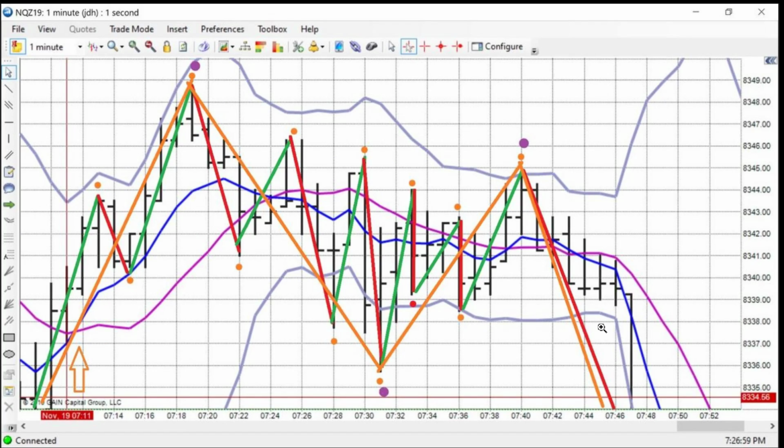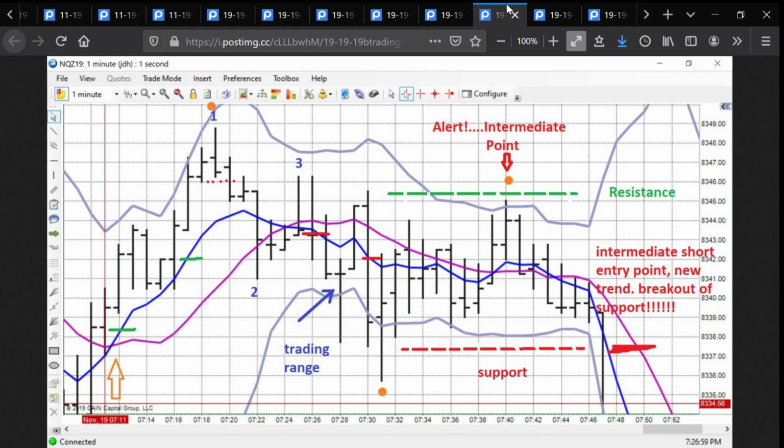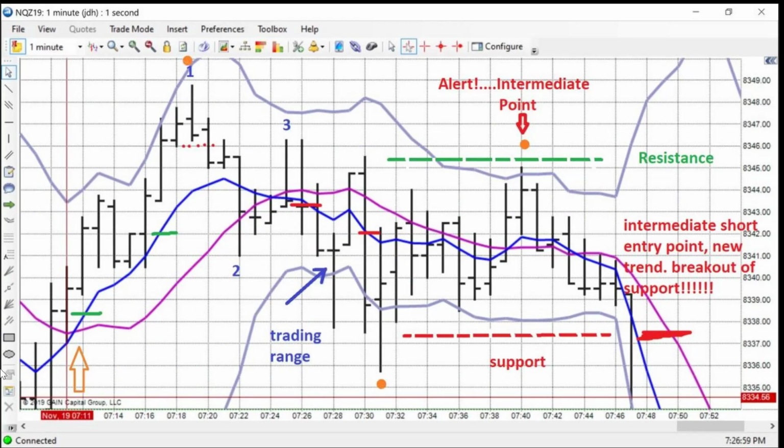You can take breakouts of support and resistance, and that's another one of my major signals. And I'm taking away all the clutter here just to show you where those entry prices are. This is where I actually did go along after the crossover, but that's a more risky trade.